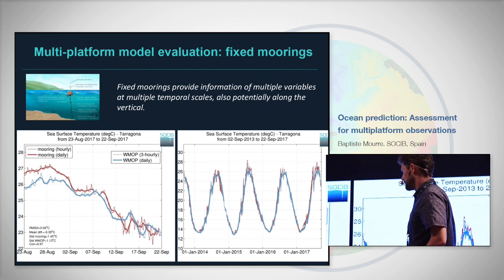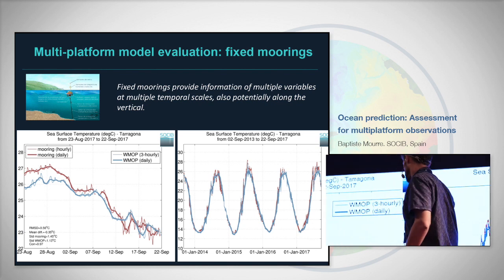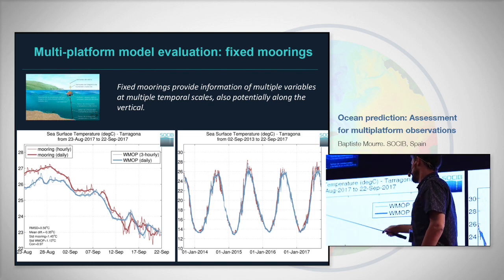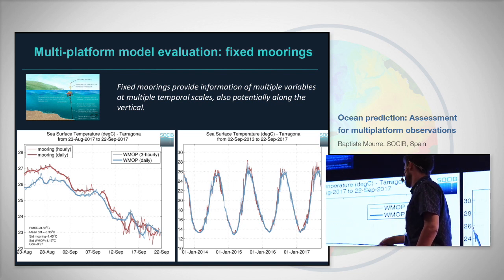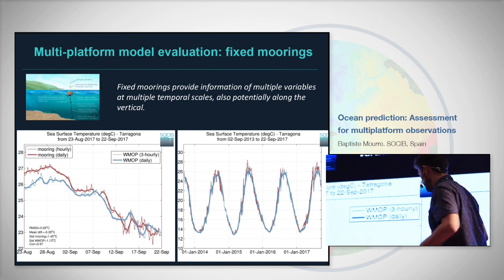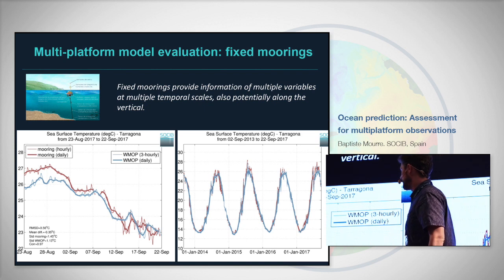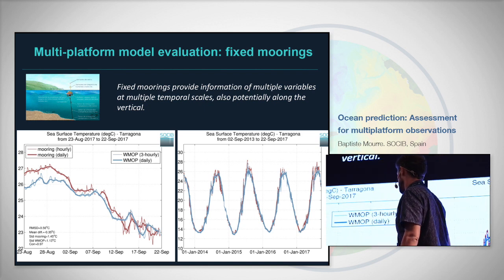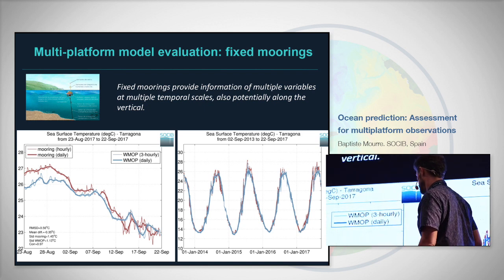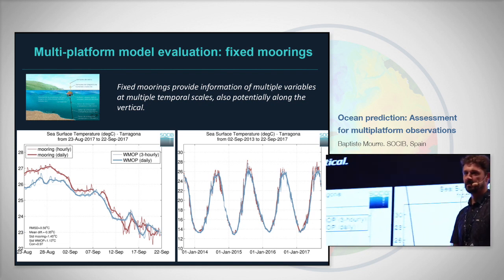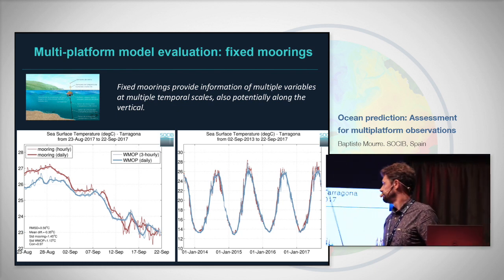If you plot, for instance, the last month's time series here, with the mooring in red and the model in blue, you have a general drop of the temperature linked to the seasonal cycle. You have small weather scale events. And you have also an estimation of the diurnal warming that you may want to represent in your model.